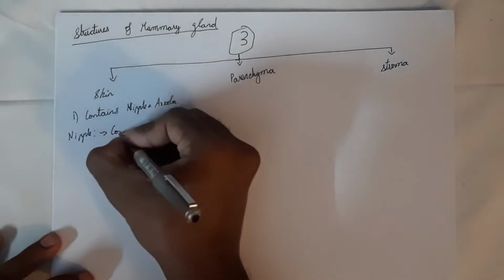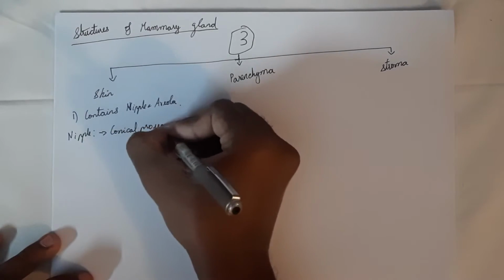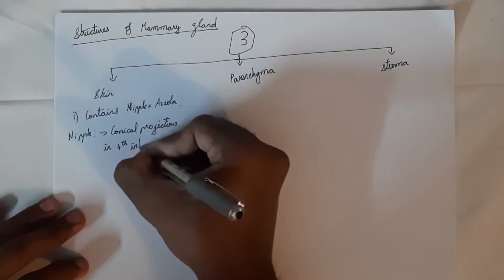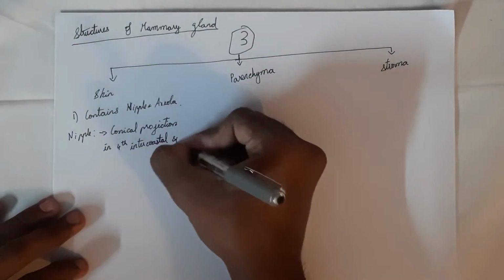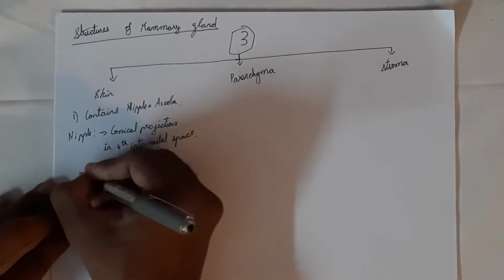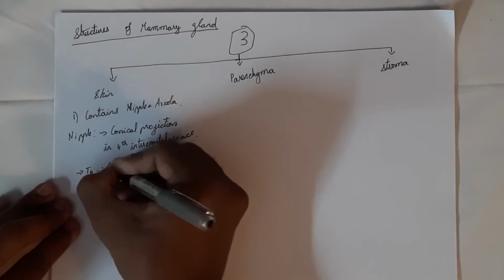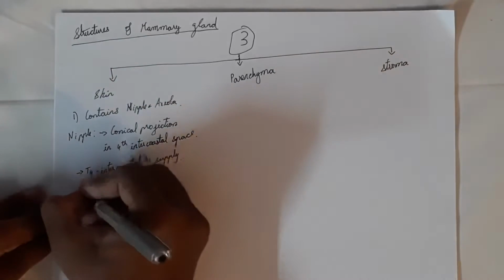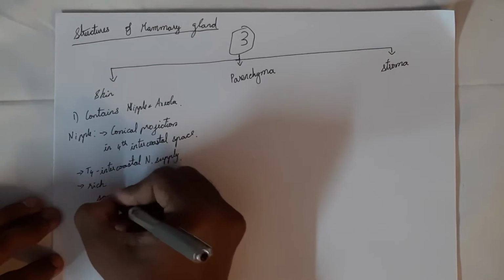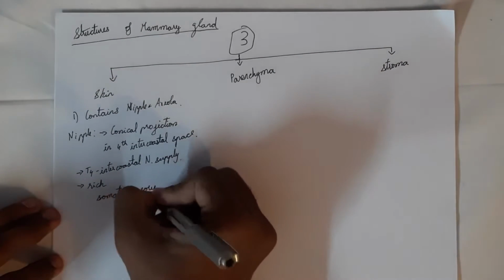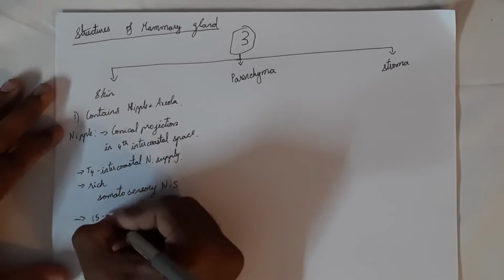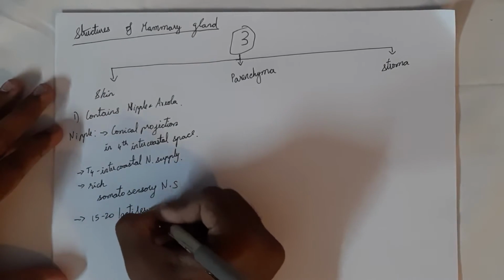It is nothing but a conical projection, mostly in the 4th intercostal space. It is supplied by the T4 intercostal nerve. It has a rich somatosensory nerve supply. It contains 15 to 20 lactiferous ducts opening into it.